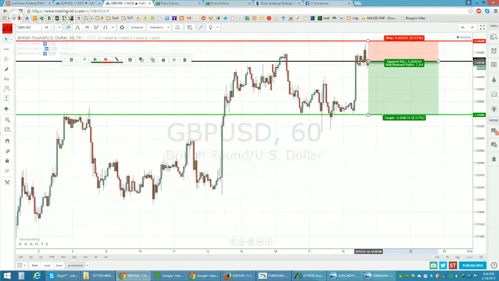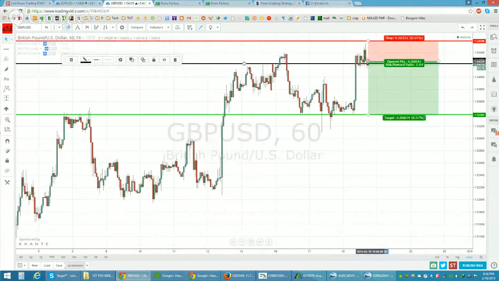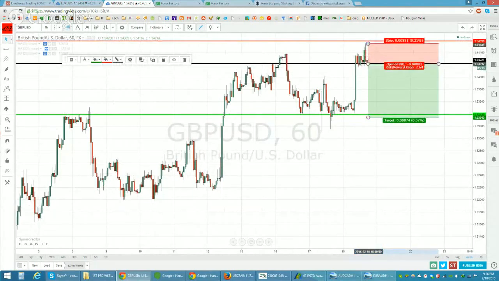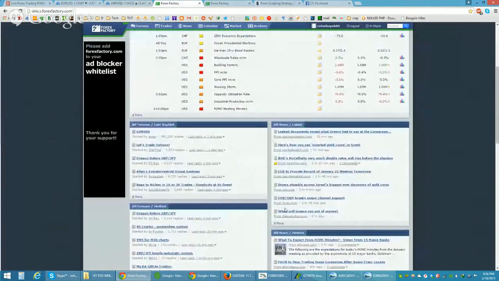On the Pound Dollar, I'm going to adjust this as well. Okay, Pound Dollar now 37 pip stop loss and 82 pip take profit.